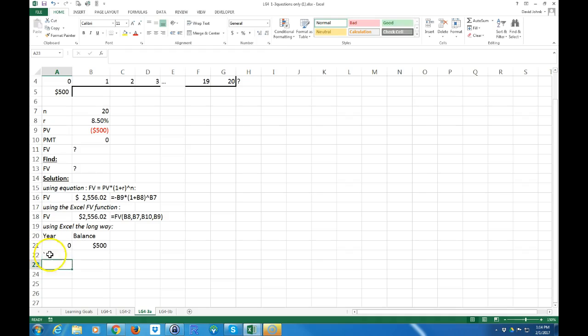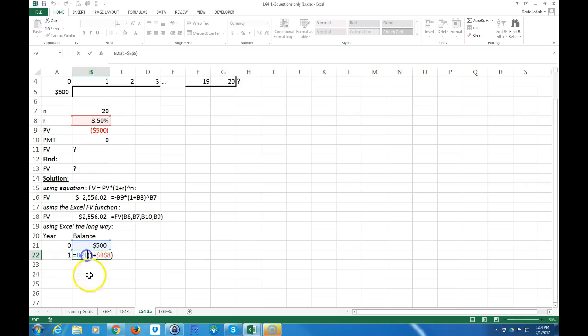And then in year 1, how much? I'm going to use this equation right here. So it's equal to whatever is above it times 1 plus this interest rate. Now I'm going to copy this down because I want this one to look at the one above, but this one I always want to look at 8.5. So I'm going to hit F4, or I can type the dollar signs manually, and then close it and hit Enter.